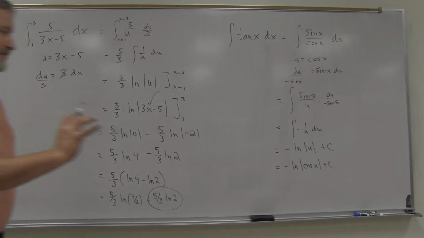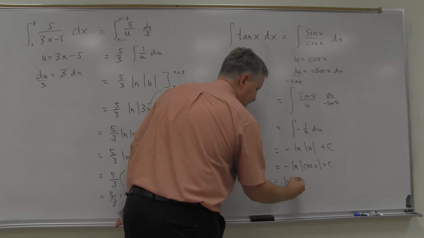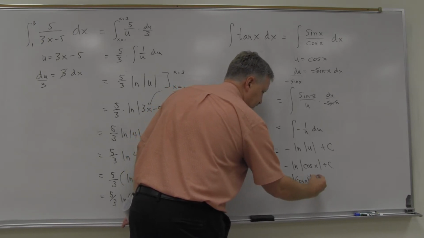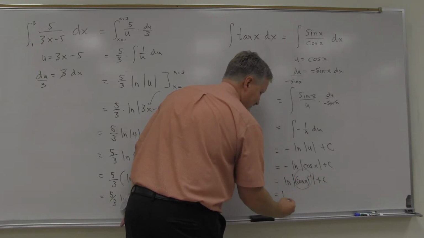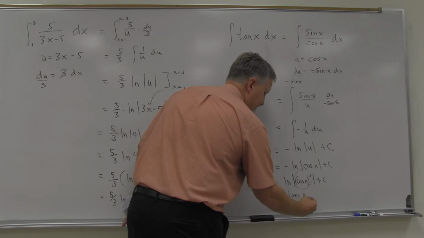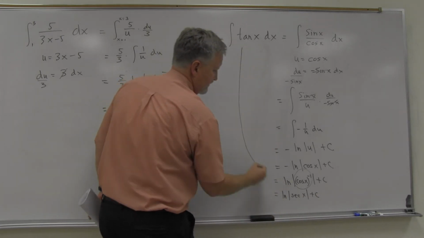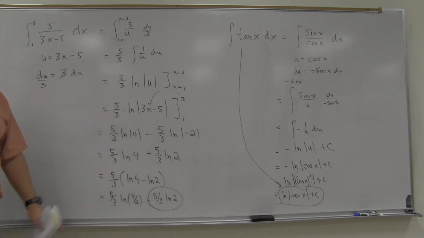By properties of logarithms, if I bring in the minus 1 power here, what is this right here? Secant. So it's ln of the absolute value of secant of x. That's the one that appears on the formula sheet. It's because of u substitution and the natural log. Okay.